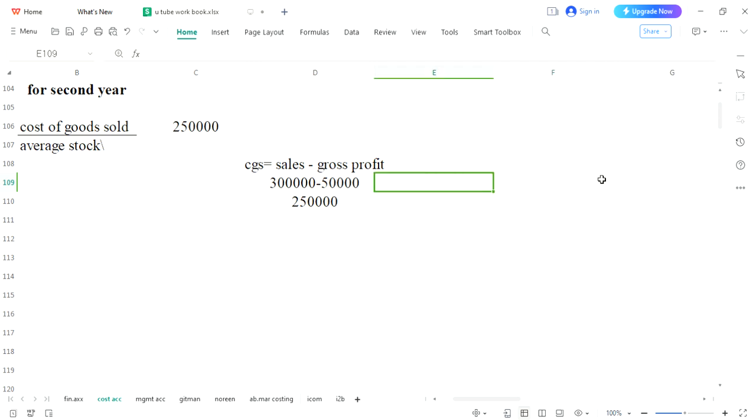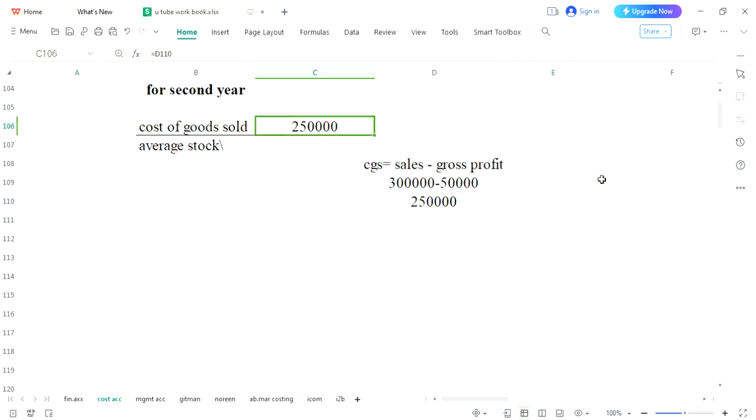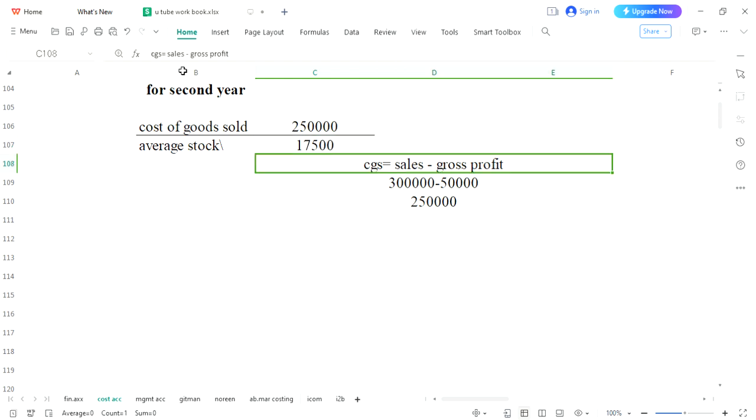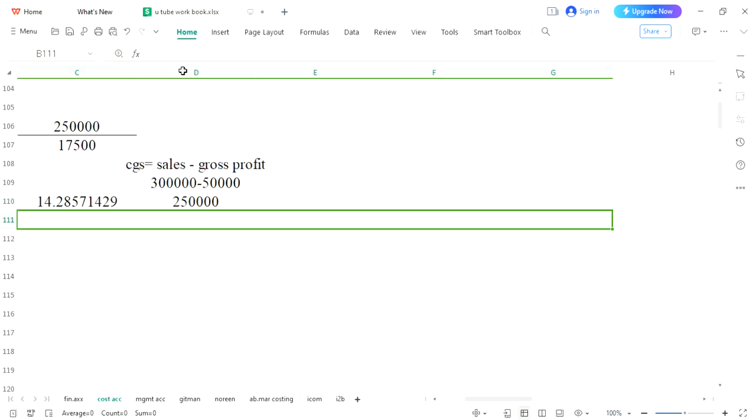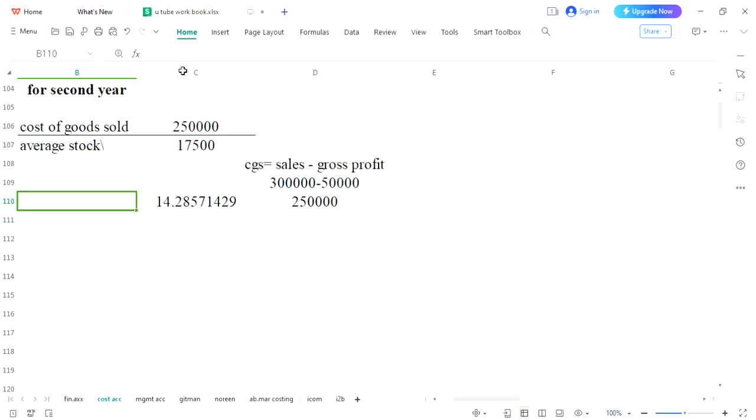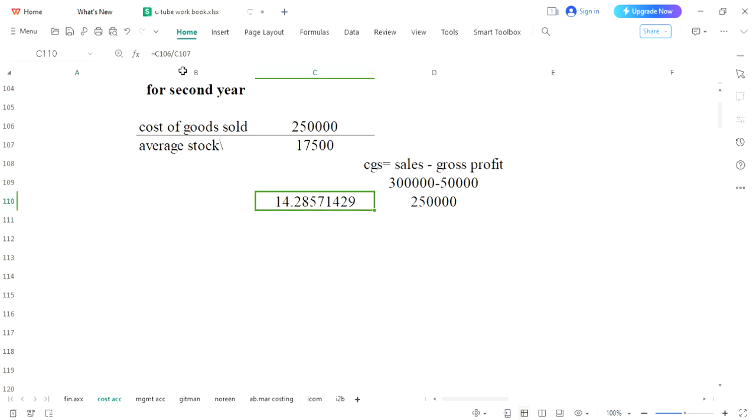Alright, so here average stock would be written. Divisor, and amount of average stock is 17,500. Now we will calculate it. How? Cost of goods sold divided by average stock 17,500. So we have got our ratio 14.28.